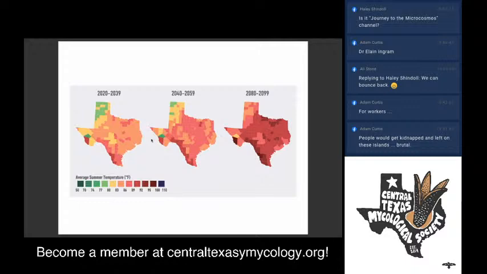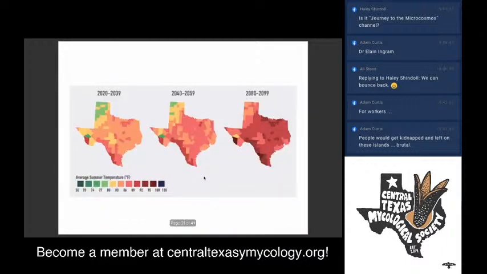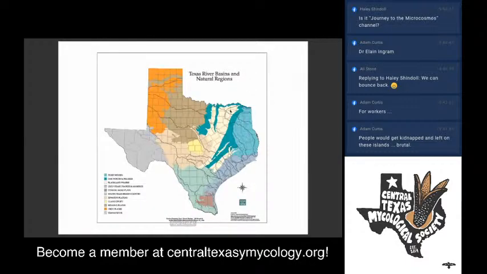But if we start to repair these soil ecosystems, we can improve infiltration. Actually, I need to point out, go back a little bit, that Texas is predominated by grasslands.